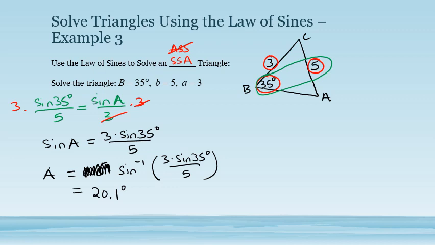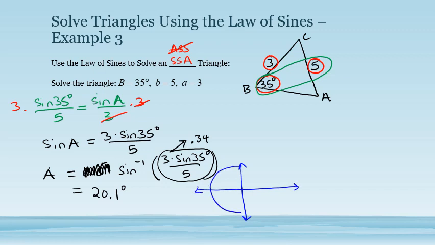In other words, we have to remember that when we do sine inverse, that 20.1 degrees is one of the angles that produces whatever this number is. And if you put that into your calculator, which I did, I got 0.34. Now I want you to think about the circle. We've worked with these a lot, but if you think about what we know about the unit circle, really what we're asking when we do sine inverse is what angle produces a sine of 0.34.